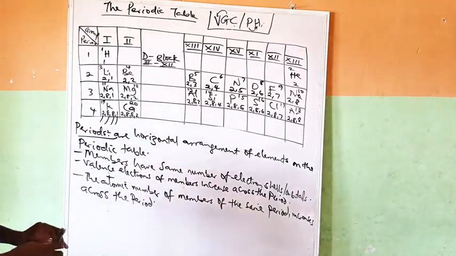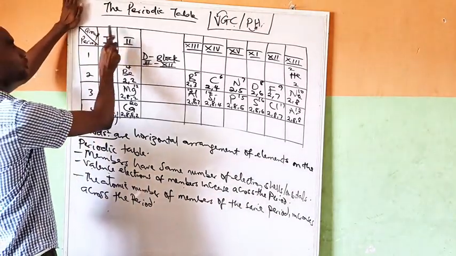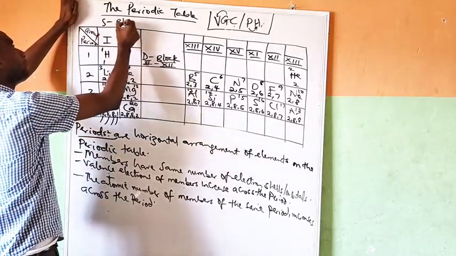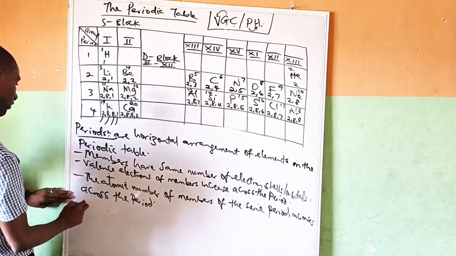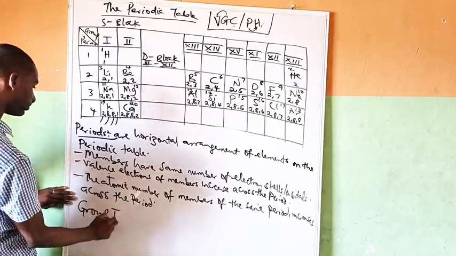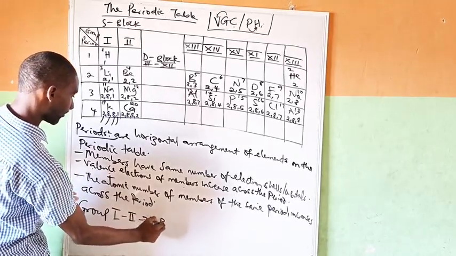So let me now talk about the blocks. Group 1 and 2 are the S block. S block refers to group 1 and 2. So in terms of blocks, group 1 and 2, they are the what? S block.